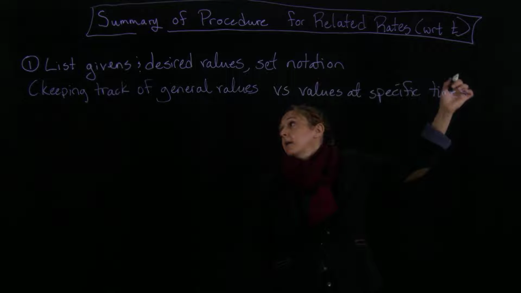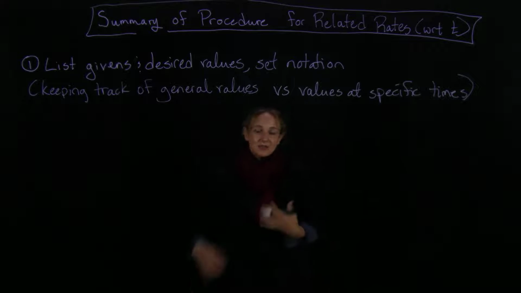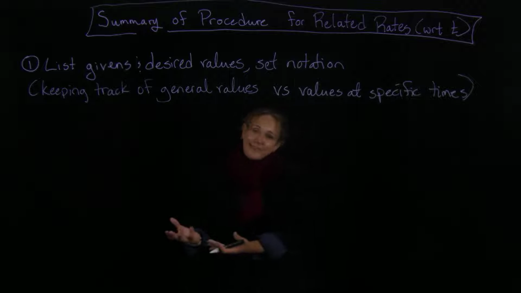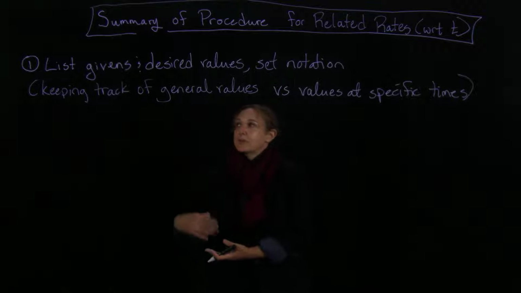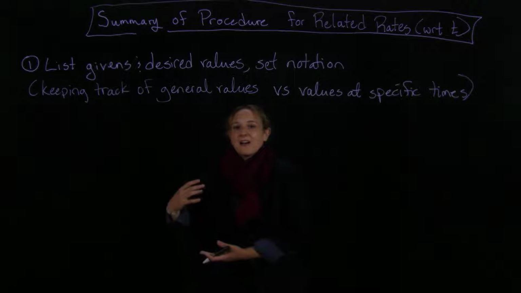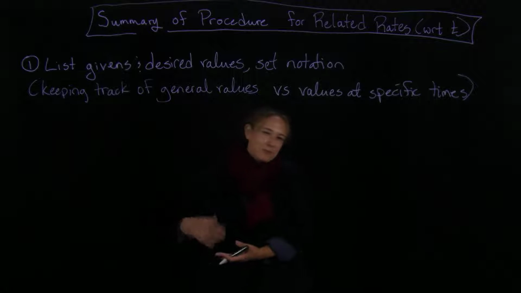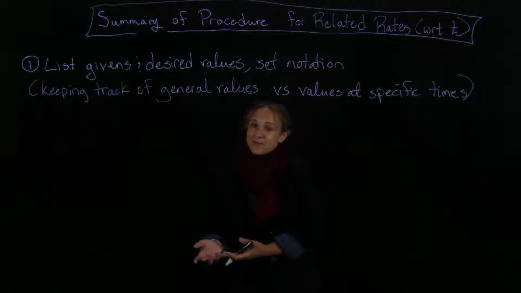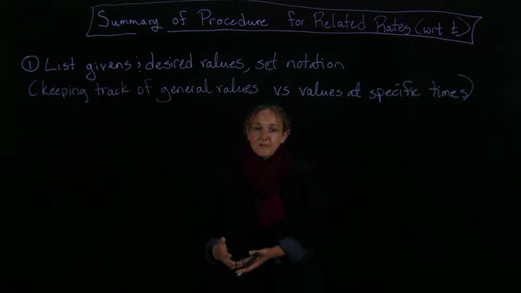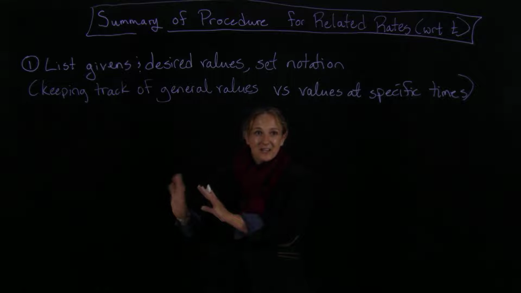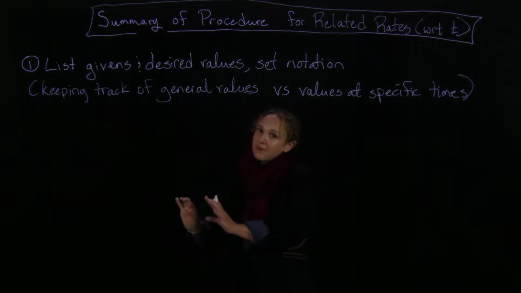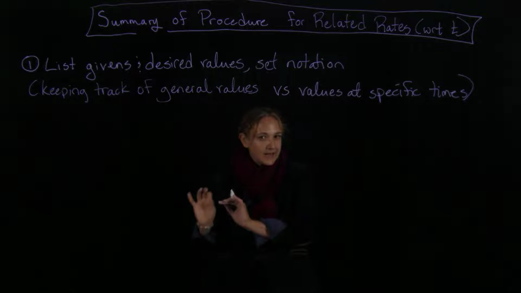What I mean by that is, in that particular problem that we went through, the price was at a particular time, that price of $40. And the same thing with dP/dt was at a particular time. So you want to wait to put in those specific values until the very end, because then you're looking at what's happening at a particular time.